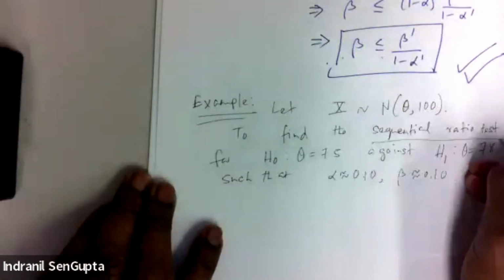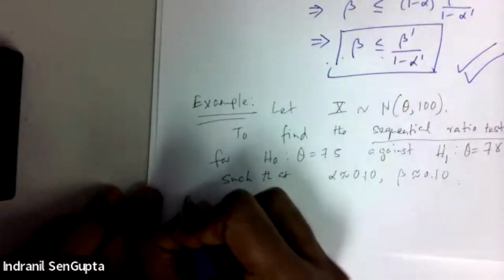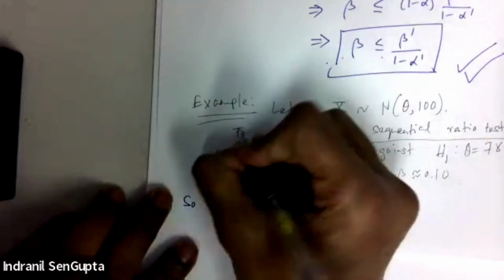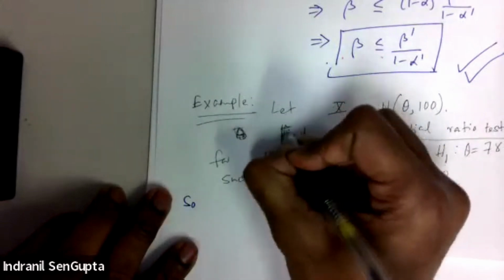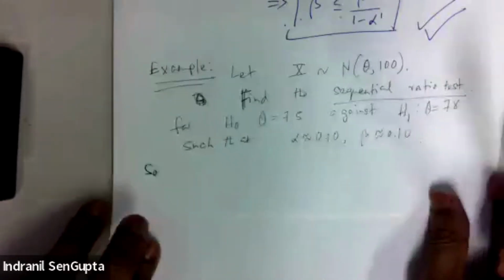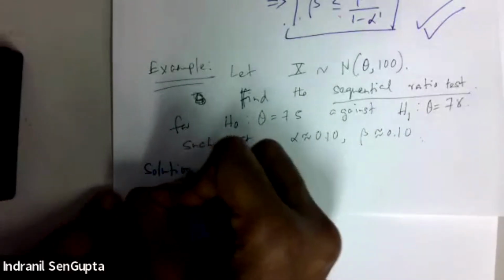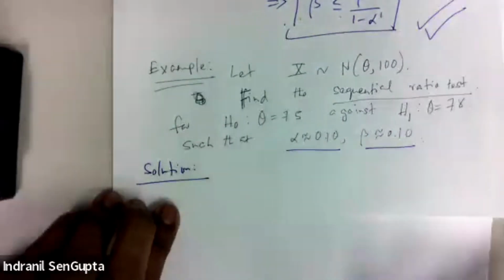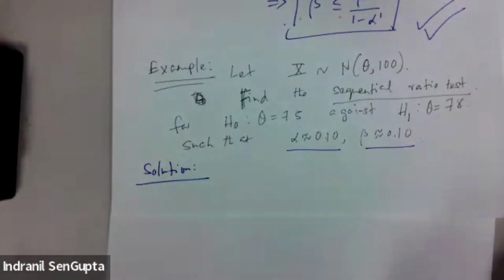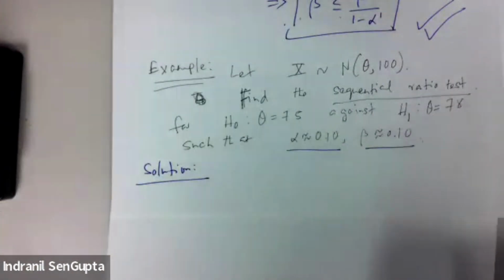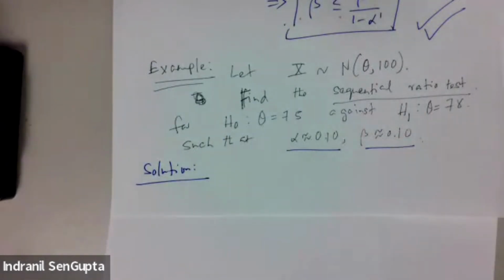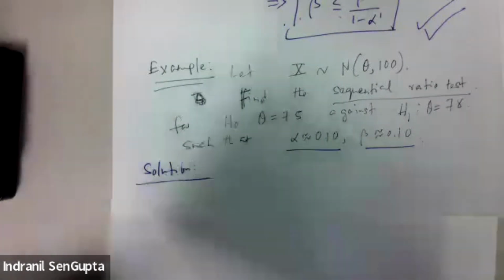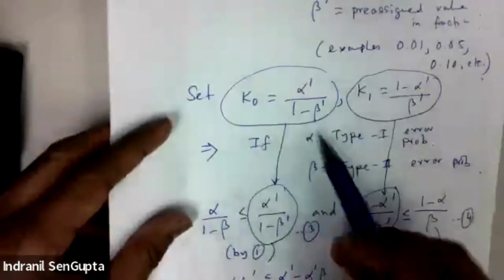So let's do the sequential ratio test. Okay. So here is the solution. So my alpha value and beta values are given, right? This is the pre-assigned value. So if this is given, I can always take this K0.